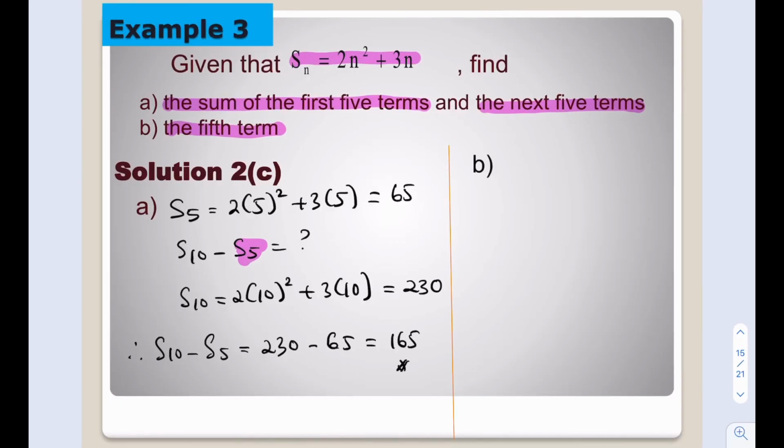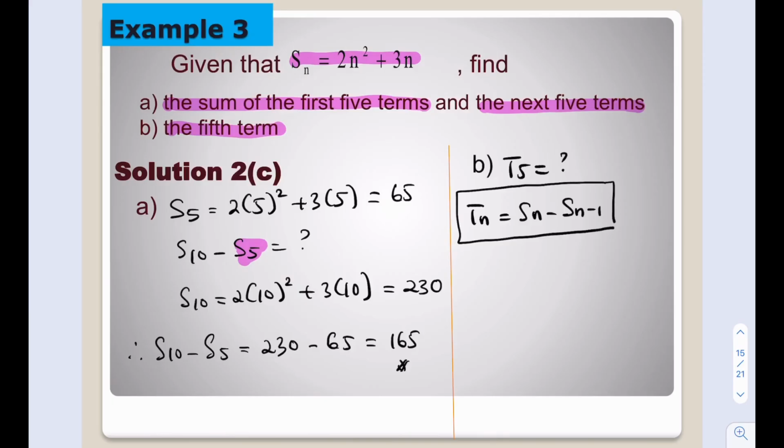B, we need to find the fifth term, meaning that we want to find T5 equals to question mark. Since we were given the sum formula, we can use the formula of Tn equals to Sn minus Sn minus 1 in order to find T5. Therefore, T5 equals to S5 minus S4.